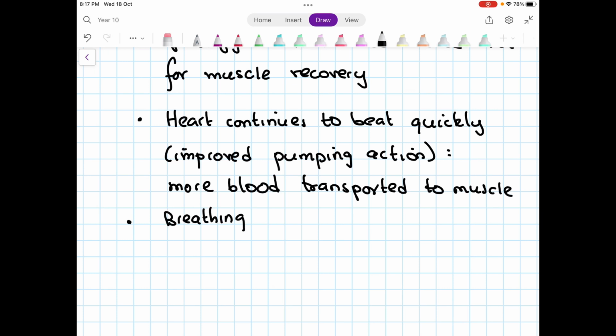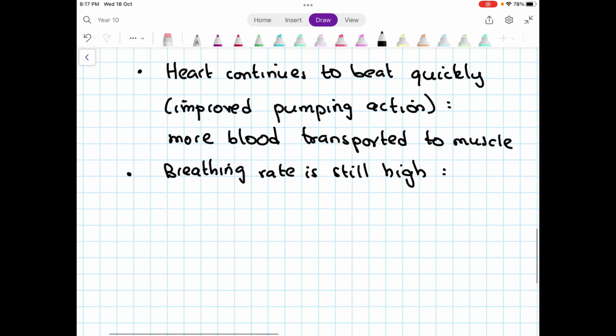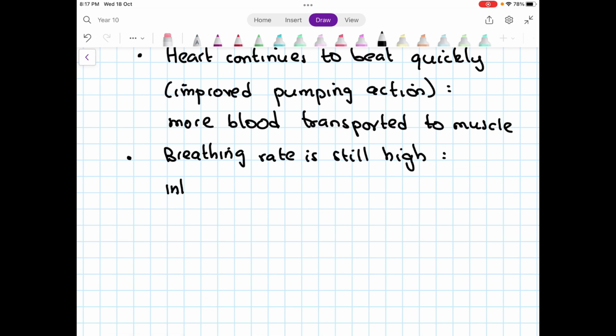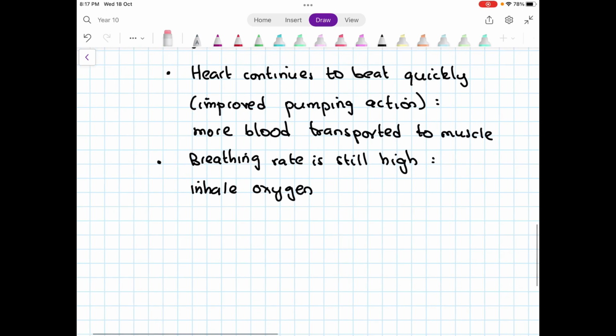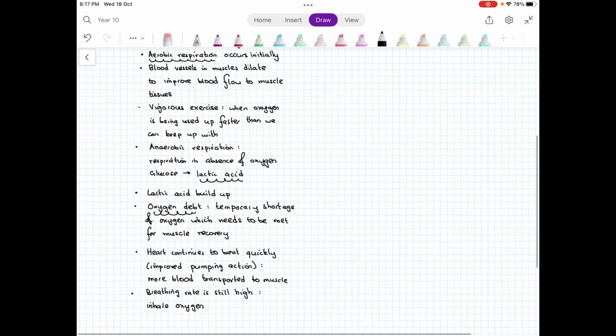And our breathing rate is still high because we continue to inhale oxygen, in order to make up for the oxygen debt.